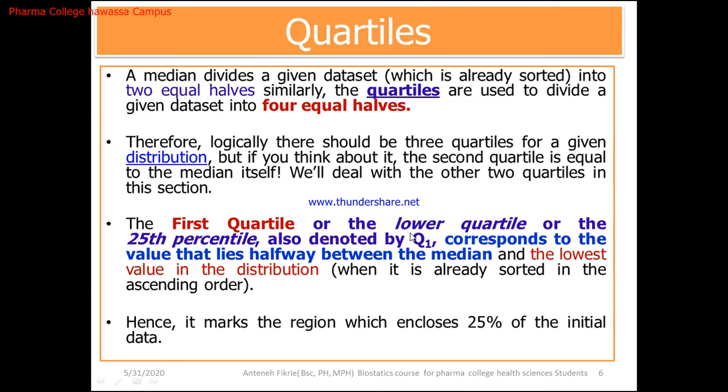Percentile indicates that, for instance, if your average value is 80 and the percentile is 99.9, that means 99.9% of students have scored 80 and below. That is the interpretation. So most probably only one student scored above 80.